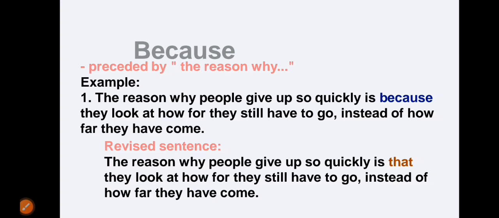Let's remember, if we're going to use the phrase the reason why, always keep in mind that the word that comes after the linking verb should be a relative noun, that.